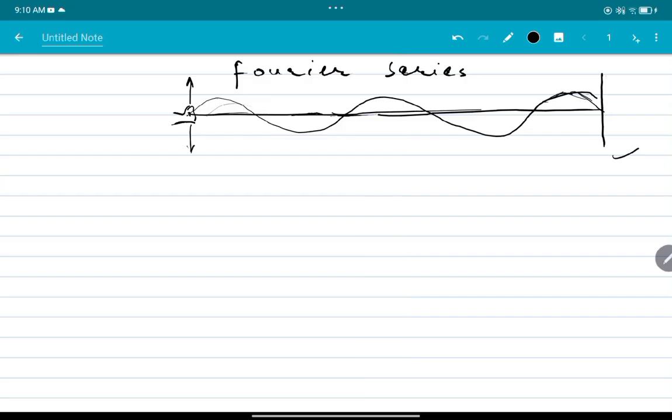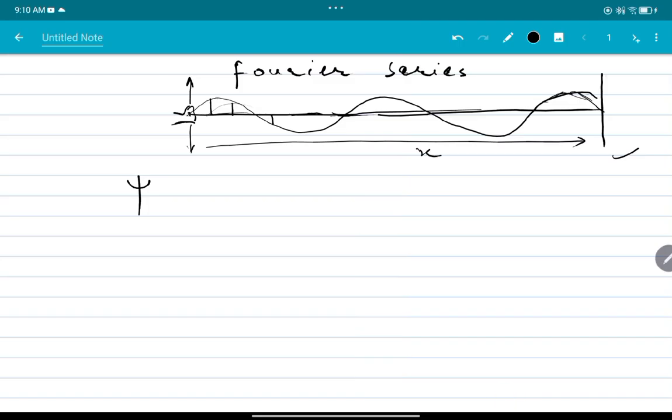The important thing that concerns us in this lecture is that we can describe this wave as a trigonometric function, sine theta. For example, I call this vertical displacement of the string psi, and I denote the horizontal position along the string by x.